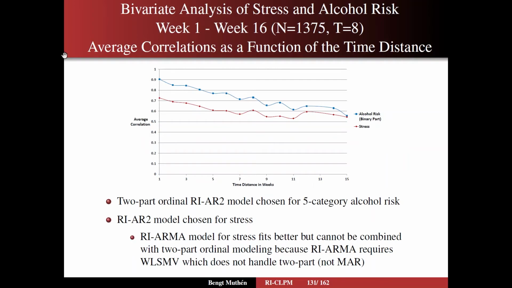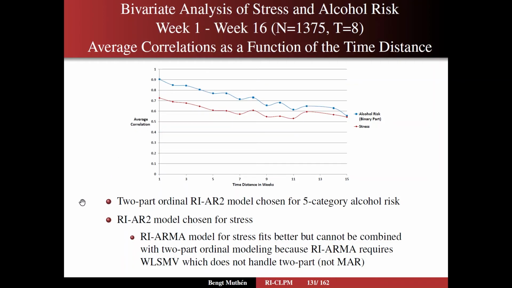Looking at the average correlations here, we have the stress variable that we looked at before with a high R-square for a random intercept, and the alcohol risk, the binary part of it, also seems to have a high random intercept and a higher initial autoregressive coefficient as well.